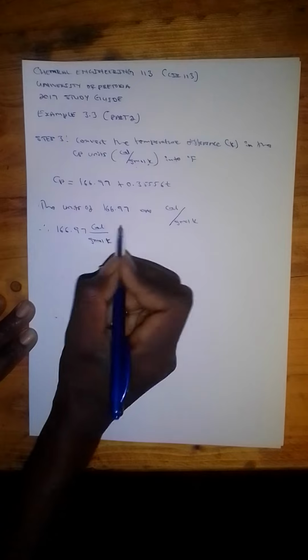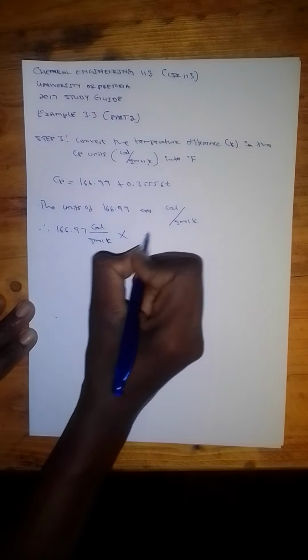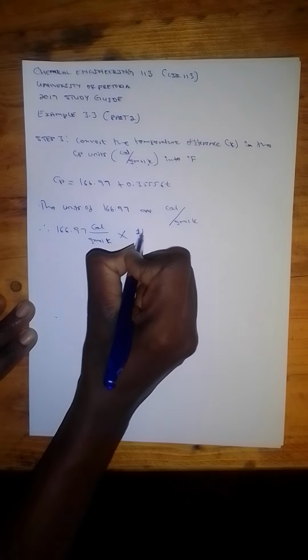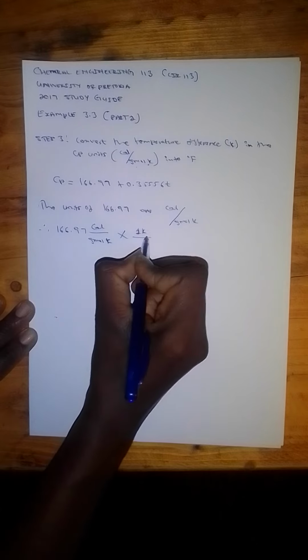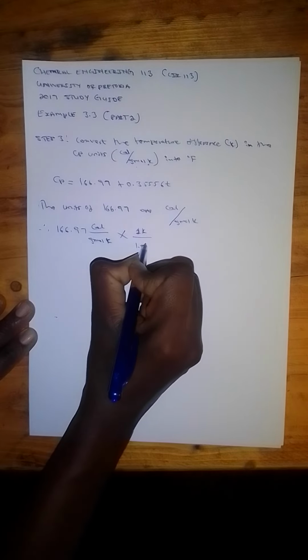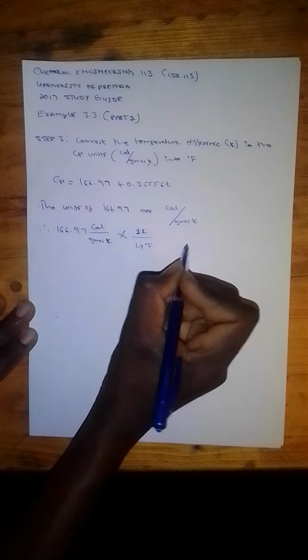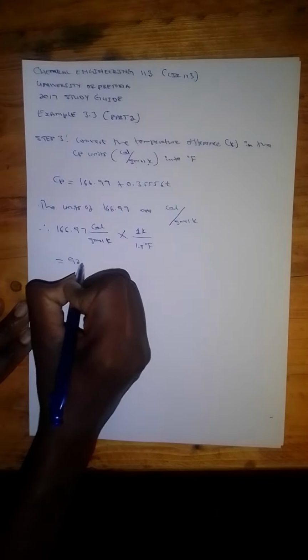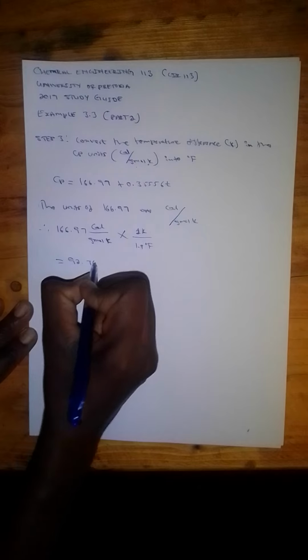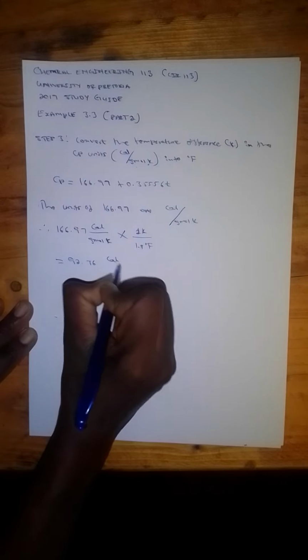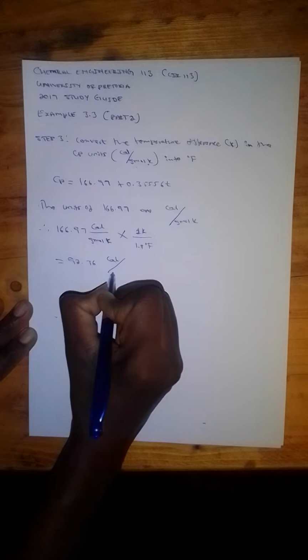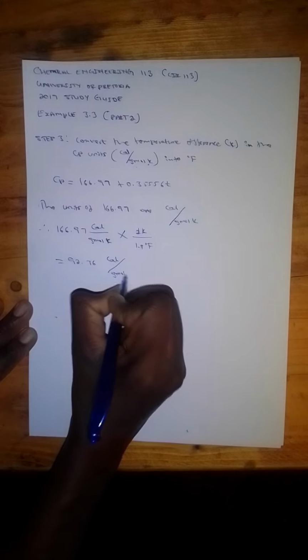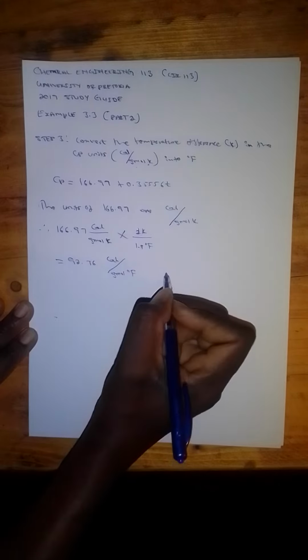Then we do what we've been doing all along: it's 1.8 degrees Fahrenheit. Now that gives us 92.76 calorie per gram mole degrees Fahrenheit.